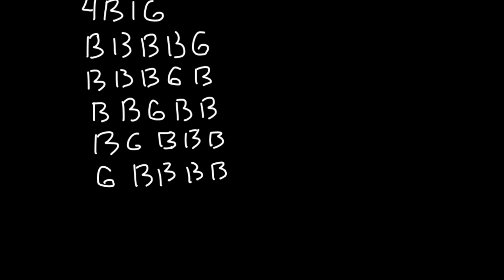So let's count how many combinations of 4 boys and 1 girl. 1, 2, 3, 4, and 5. Once again, let me circle girls here. And as you see, I just move letter with girl every time one place to the left.